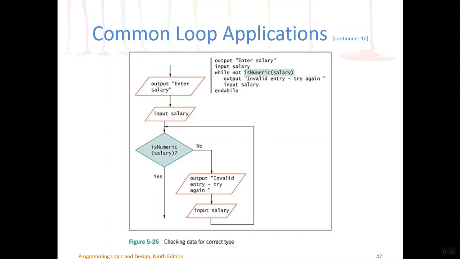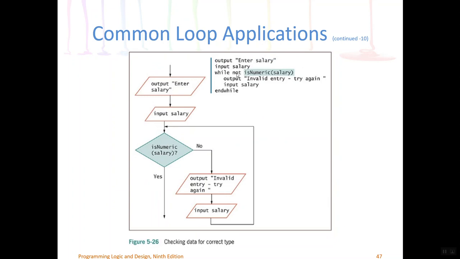So for example, let's say we're working in pseudocode, we ask the user for a salary, and as long as the salary was not numeric, we need to tell them, hey, you messed up, that was an invalid entry, try again, and we get the new salary. So over here in the pseudocode, you can see that we get the first salary while not is numeric.